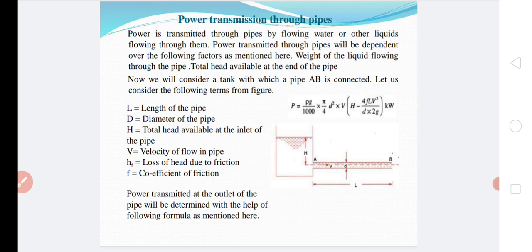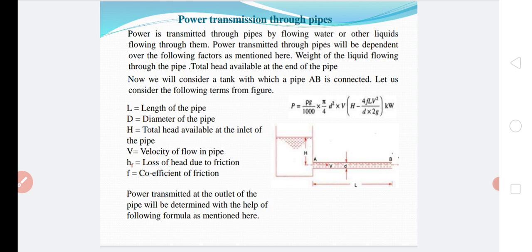Consider a pipe AB connected to a tank as shown in the figure below. The power available at the end of the pipe, that is the point B, and the condition for maximum transmission of power will be obtained as mentioned below.